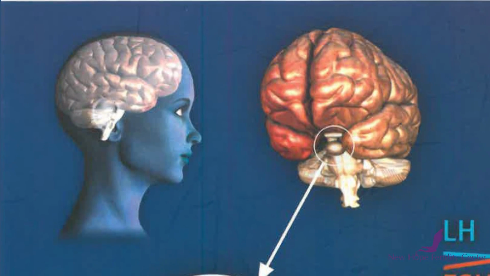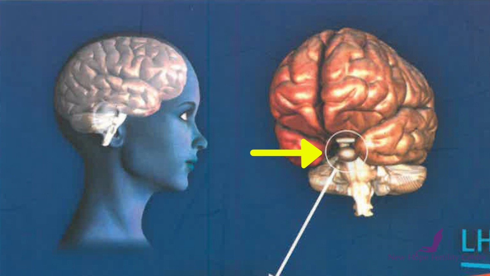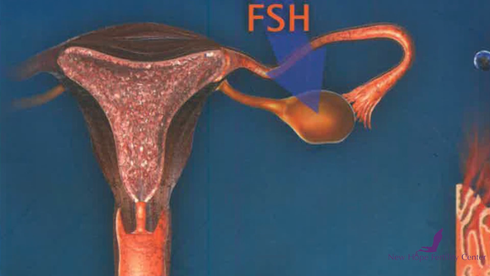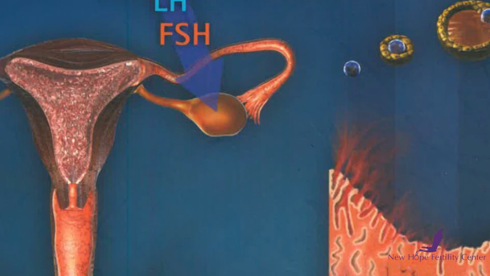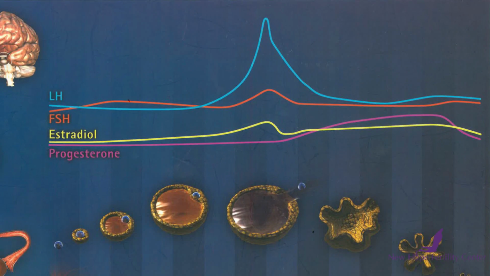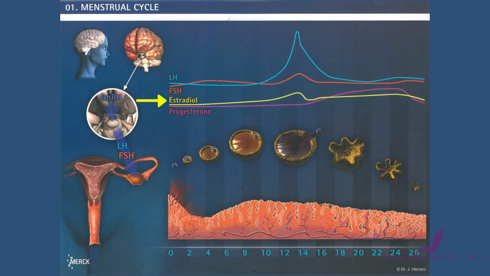This is a lady's brain, with this little peanut-sized gland called the pituitary gland, which produces all the controlling, commanding hormones to the ovary, to let the ovary perform the egg production process and produce hormones called estradiol and progesterone. These hormones help build out the endometrium, and progesterone only rises after you ovulate, to chemically change the endometrium, ready for the embryo to implant.